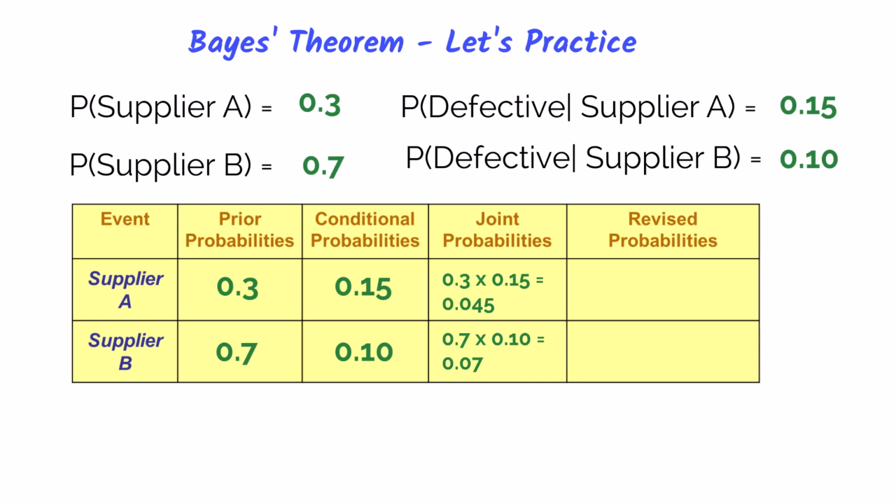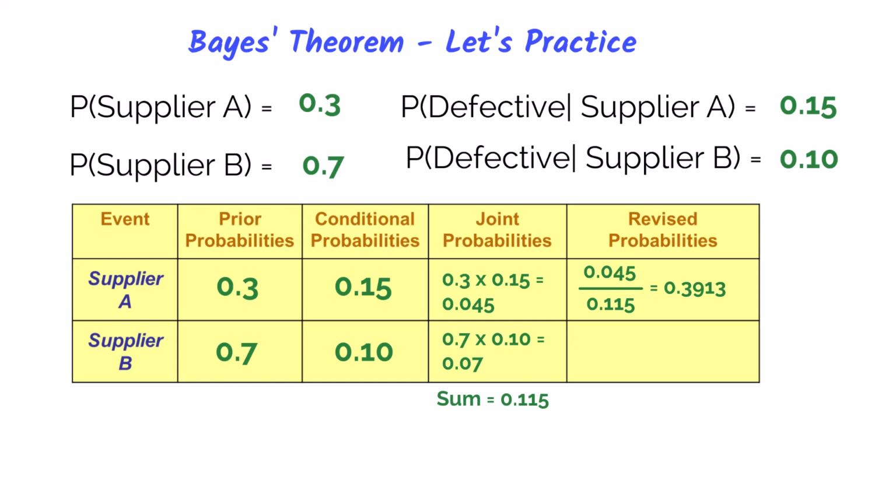Now, in order to get our revised probabilities, we must total all of our joint probabilities. So we'll take 0.045 plus 0.07, and this gives us a sum of 0.115. Then I'm going to use that in order to come up with my revised probabilities for each supplier. So we take the 0.045 of the joint probability for supplier A, and we'll divide it by the total joint probabilities of 0.115.